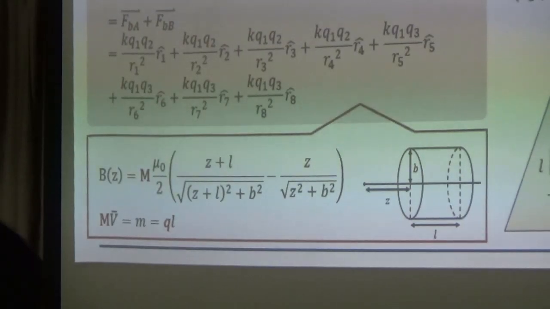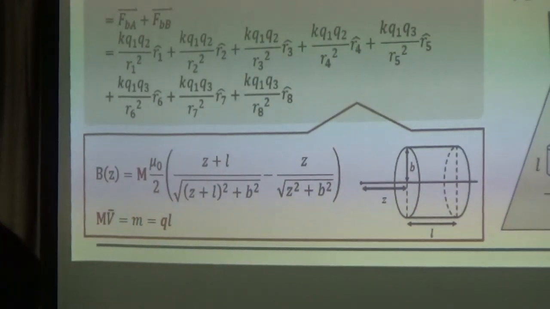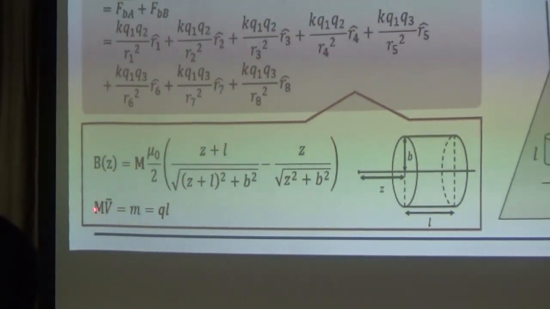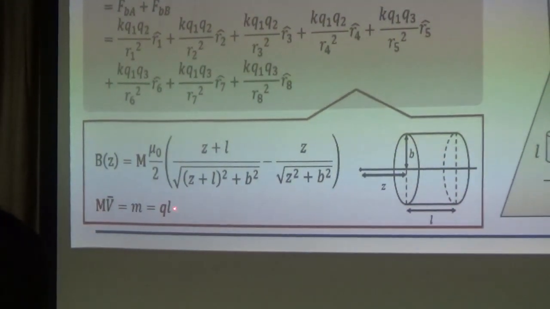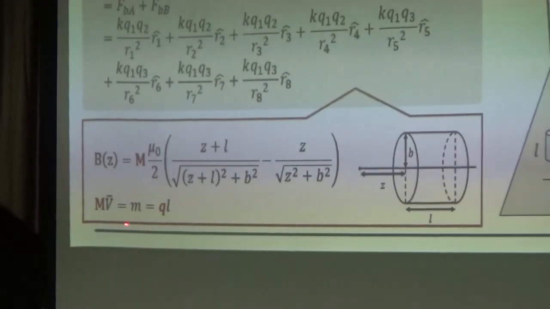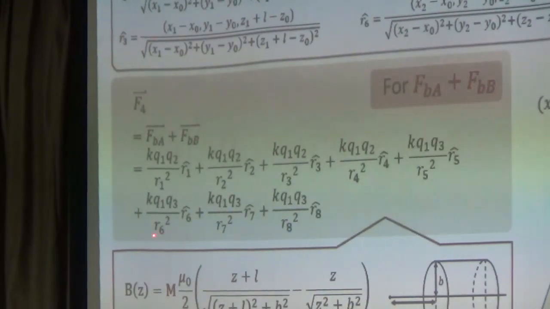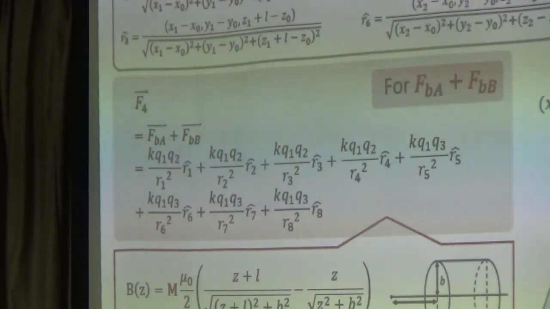These are the parameters that you have shown. Yes. And we can calculate this. This is called the magnetic moment. Yes, and we can calculate the magnetic charge by this formula. Yes, and we can substitute it into this formula so we can get the force.